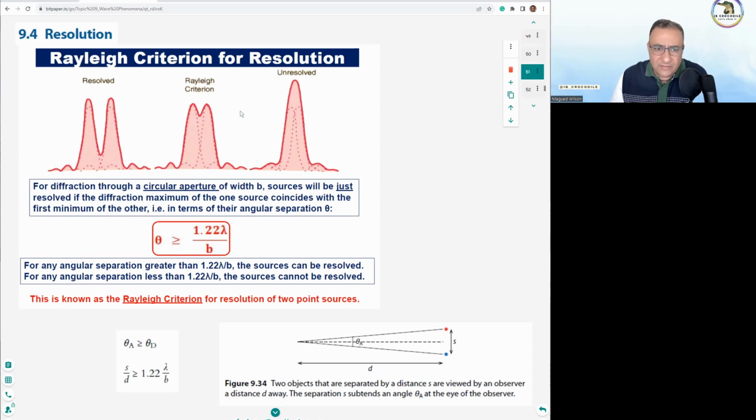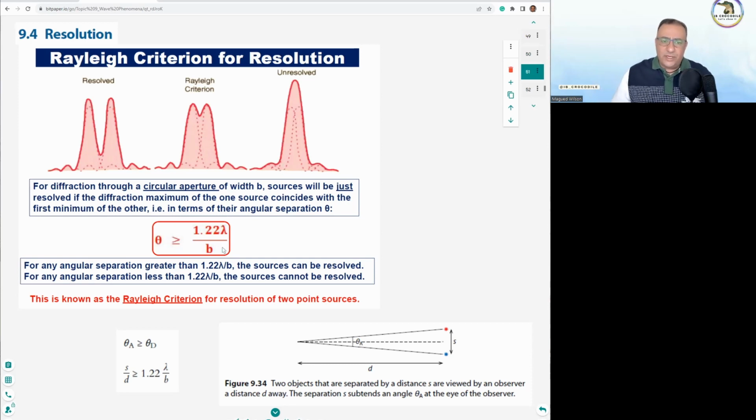In this case, this is just being resolved. Now this is even further, so this is resolved, but this is unresolved because here the first maximum is even closer than the first minimum of the second object.